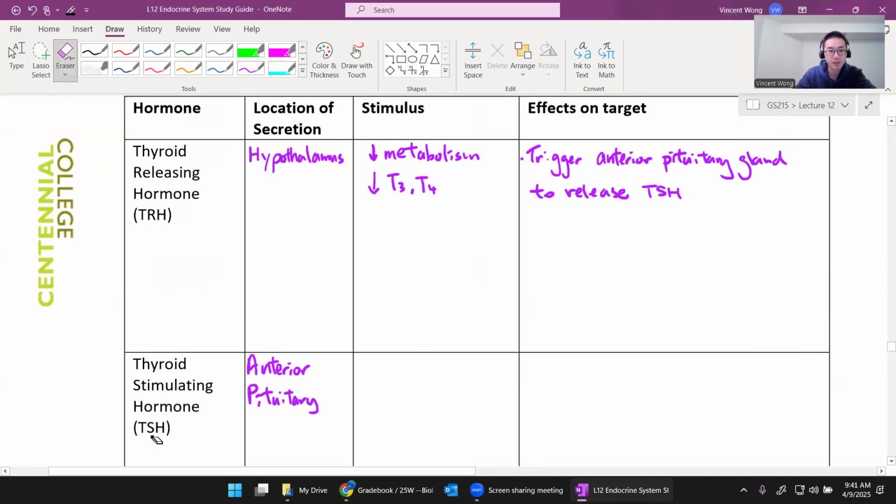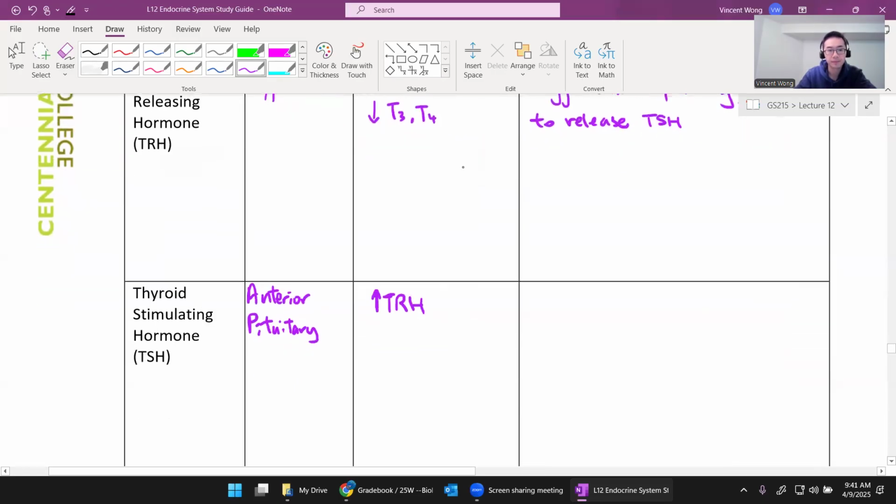And the stimulus for TSH, well, it's the previous thing. And then it will trigger the thyroid to release T3, T4.